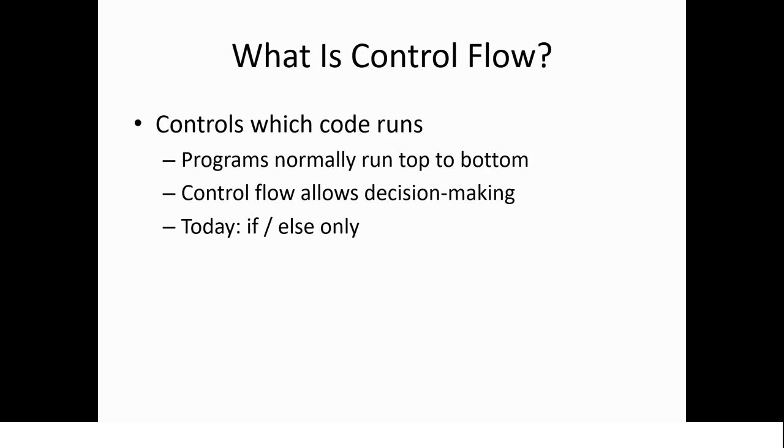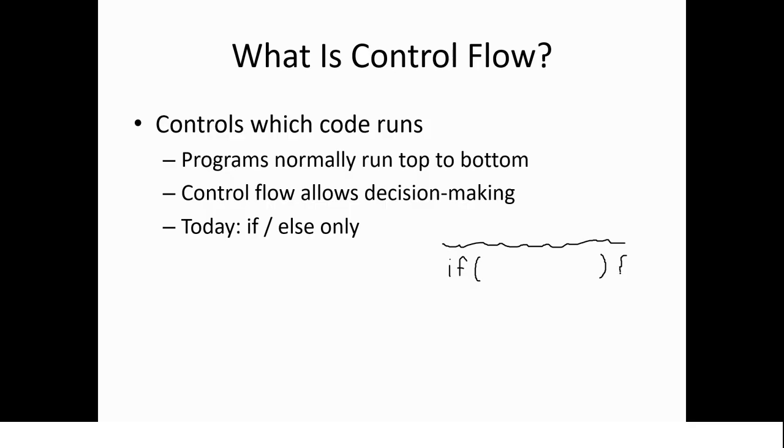Just to give you an example, let's look at a format of code. Let's say we have this squiggly line of code, and then we want to make a decision in our program. So I'll have an if statement. The if statement will have a condition inside, and this can be any condition.